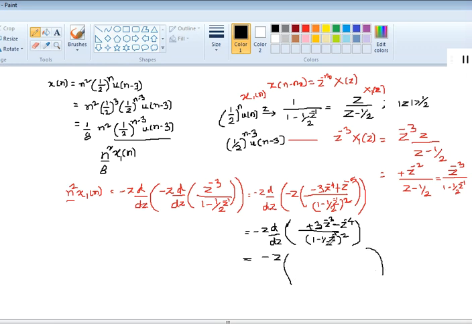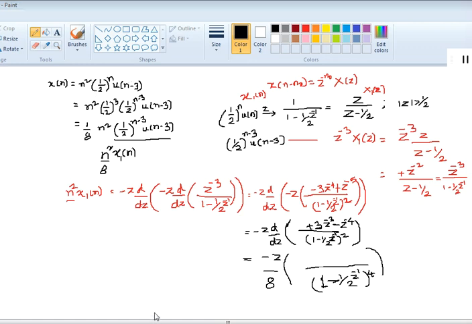The denominator 1 minus 1 by 2 z raised to minus 1, the square, goes to the power of 4, into the differentiation of those terms, multiplied by minus z and divided by 8.